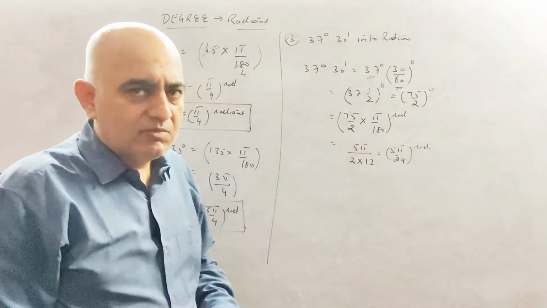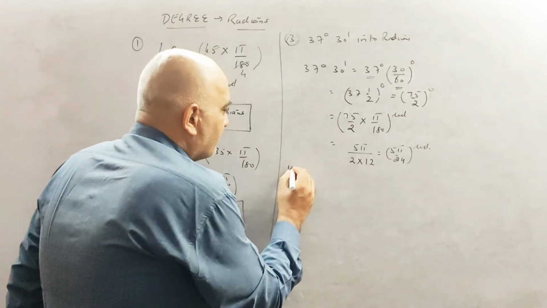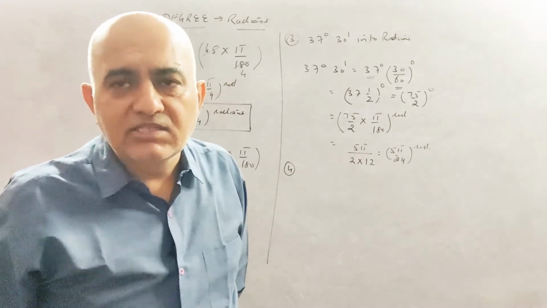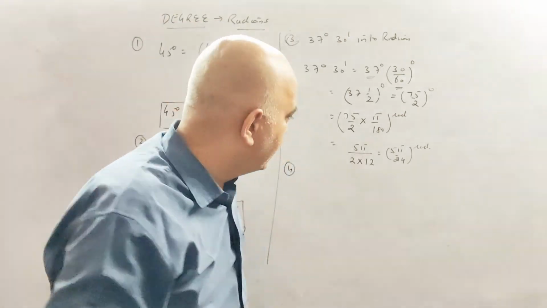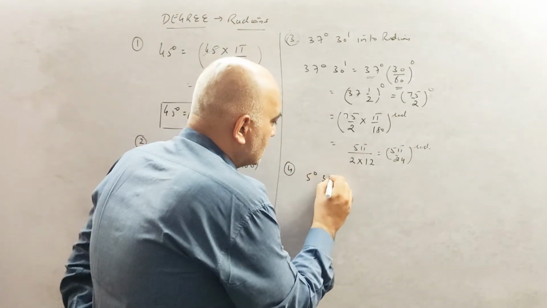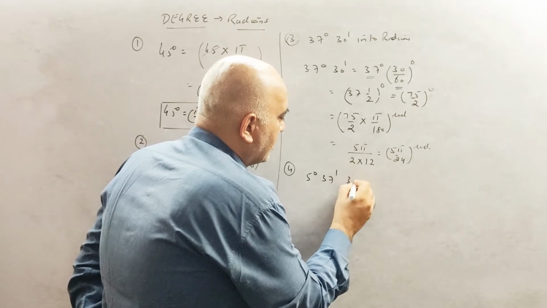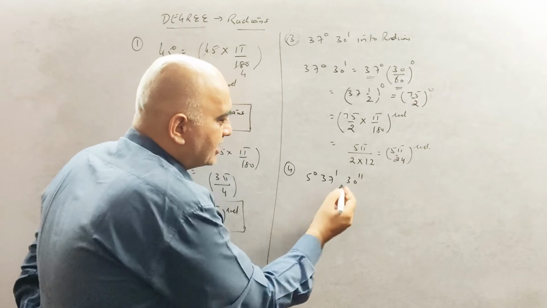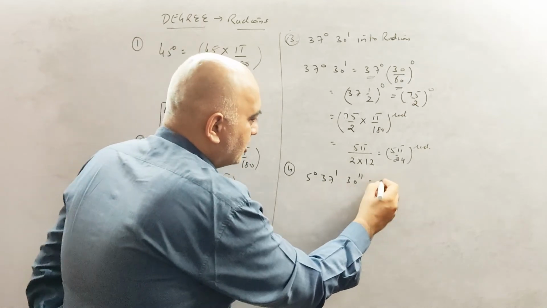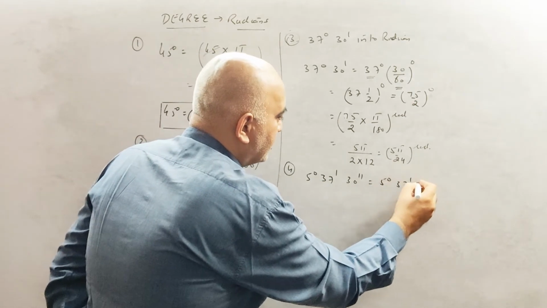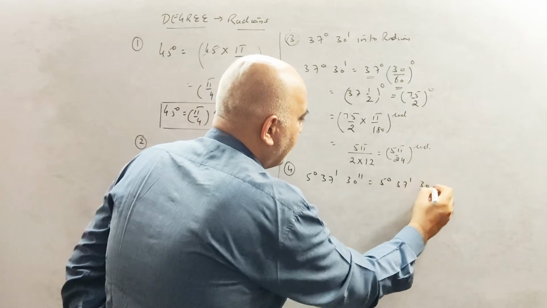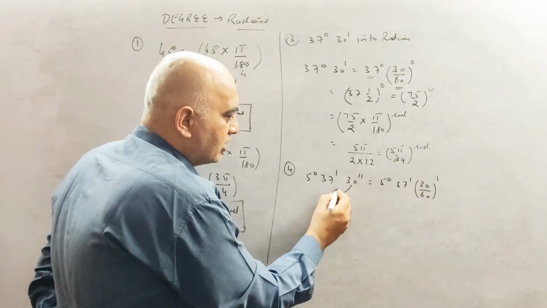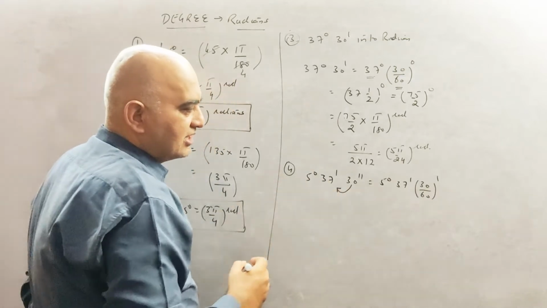And the fourth one: we are taking the next example, suppose 5 degrees 37 minutes and 30 seconds. So here seconds are also given. First of all, you should convert the seconds into minutes. This is our first step.